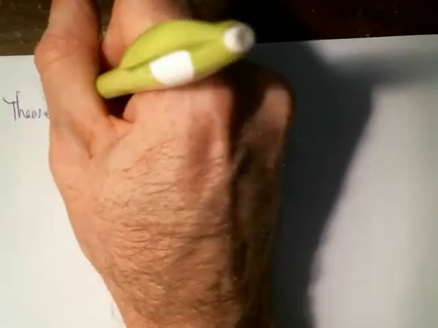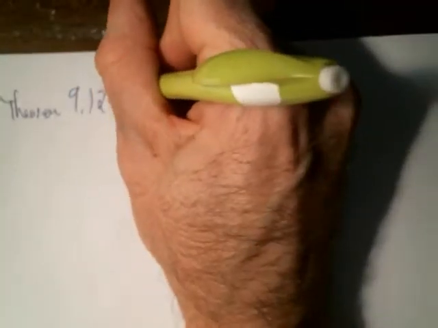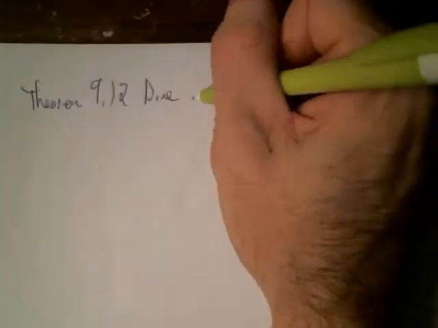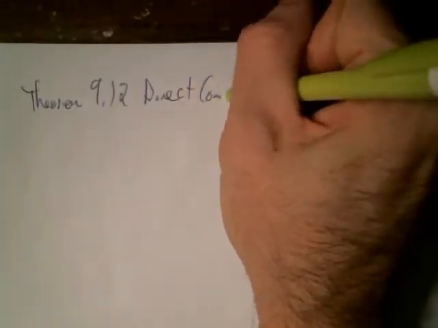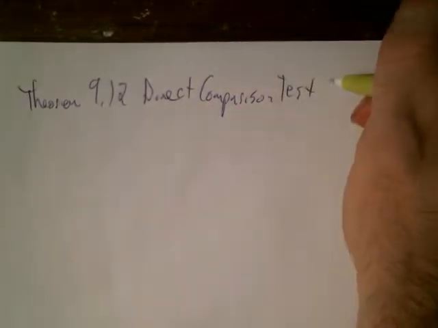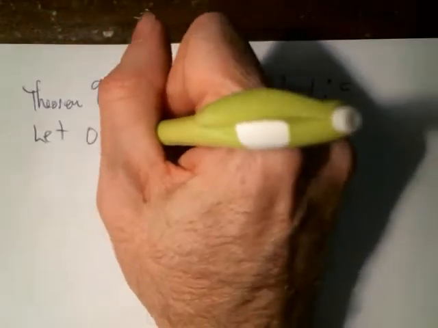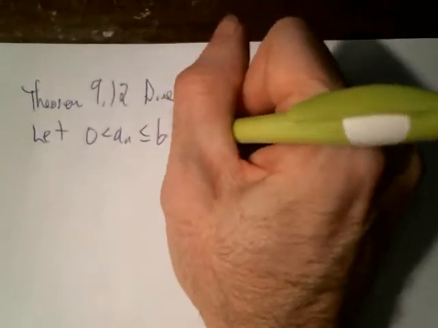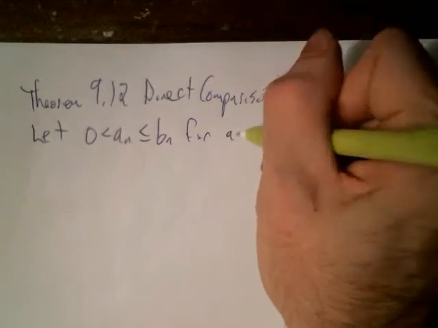Let's take a look. Theorem 9.12, the direct comparison test. So we'll let 0 be less than a sub n, less than or equal to b sub n for all n.